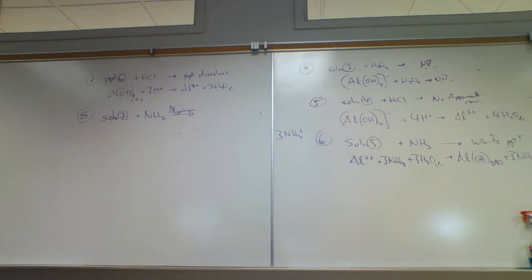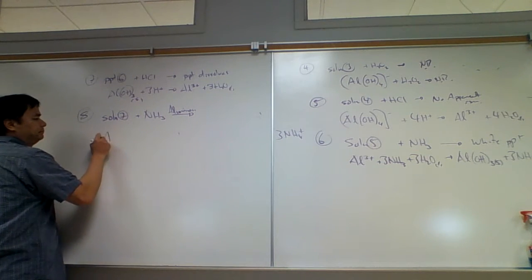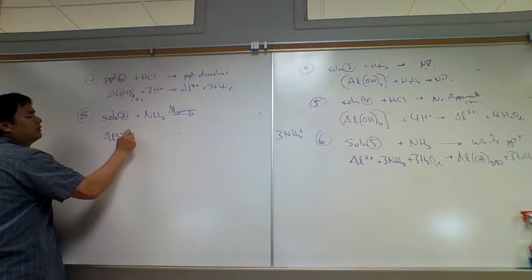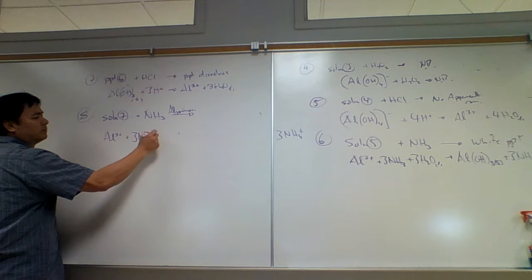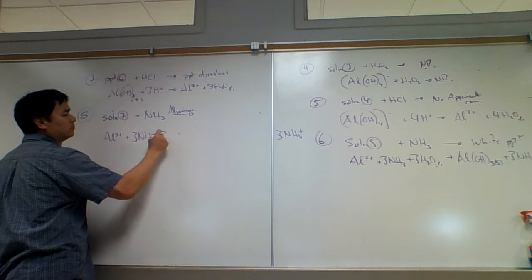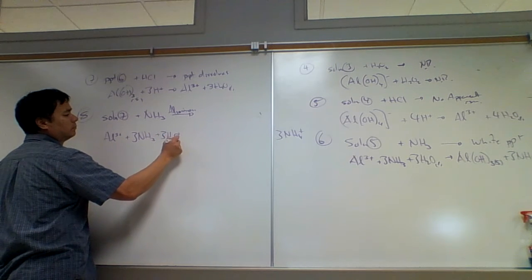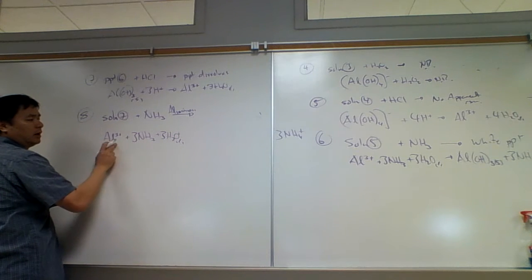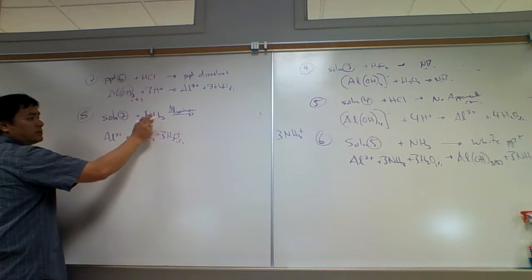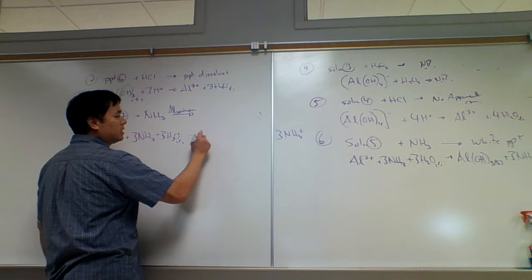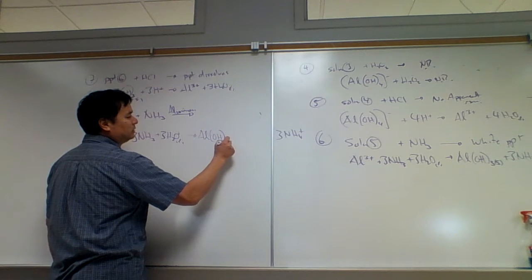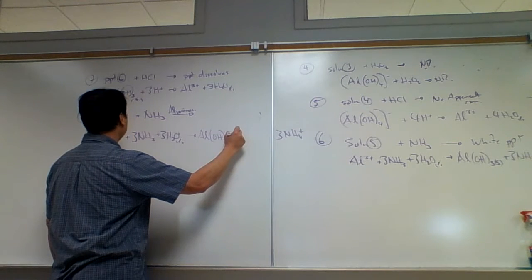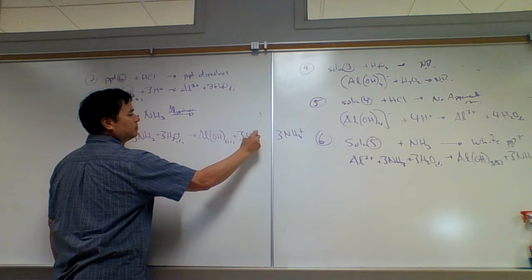Because when I take aluminum ion, Al3+, and react it with ammonia, what's going to happen? Aqueous ammonia. Yeah, I'm going to actually precipitate. Aqueous ammonia precipitates out hydroxide. I'll precipitate out aluminum hydroxide, solid, plus 3 ammoniums.